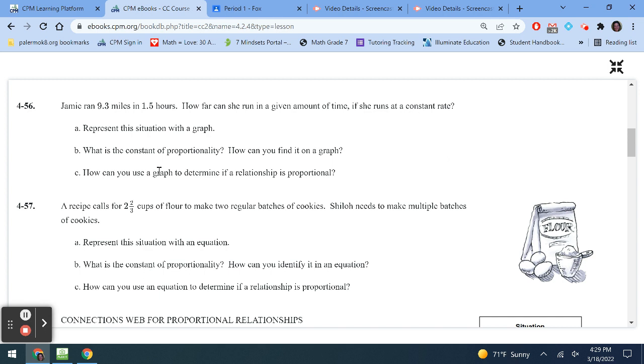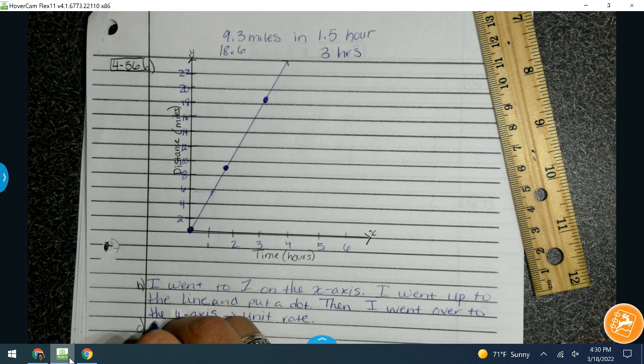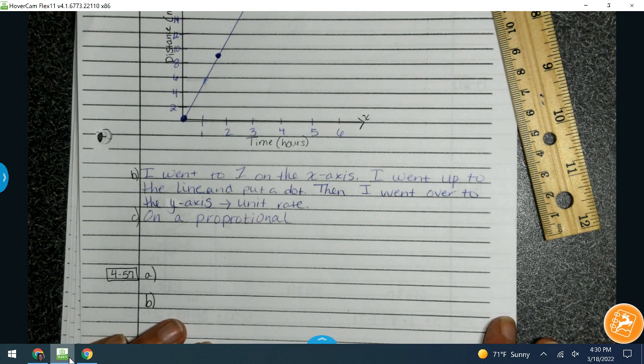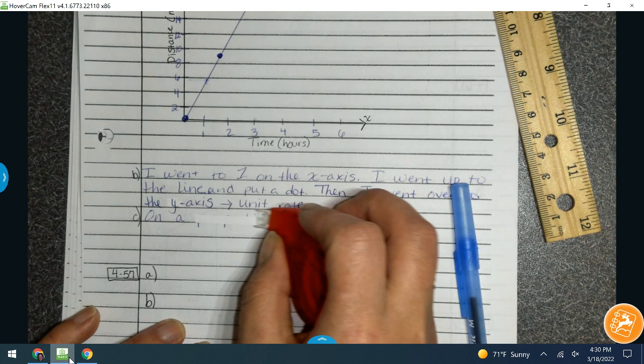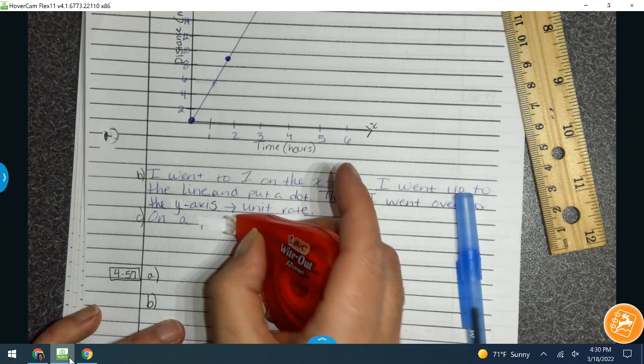So how can I use a graph to determine if a relationship is proportional? So I still have my same 2 rules. Wow, that looks wrong. I'm struggling with that right now. Oh, I'm not even on the page. Let's just start over again. Getting later. My snack's running out.